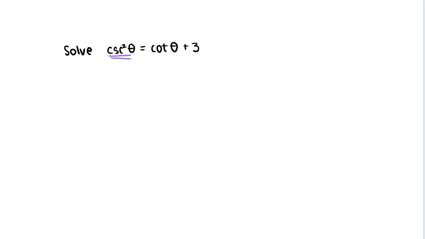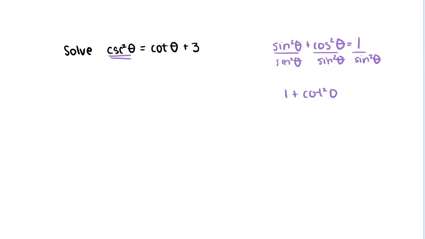Right, if we take our Pythagorean identity, sine squared of theta plus cosine squared of theta is equal to 1, and we divide both sides of this equation by sine of theta, sorry, not sine of theta, sine squared of theta, we get 1 plus cotangent squared of theta is equal to cosecant squared of theta.